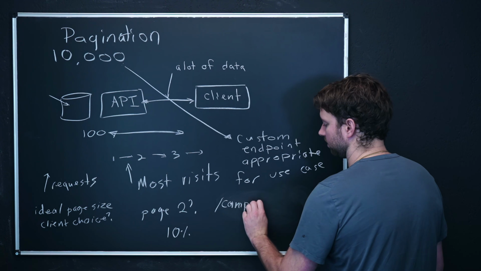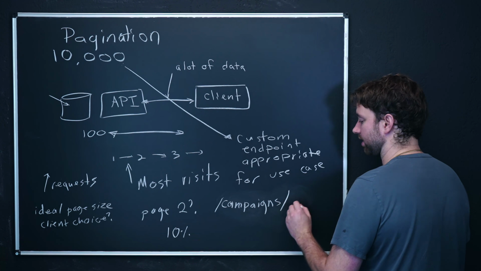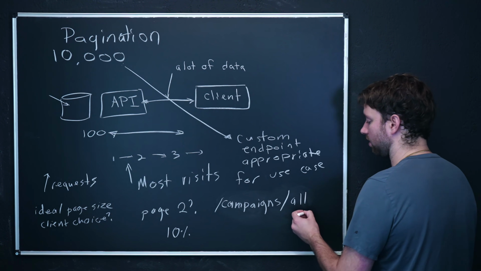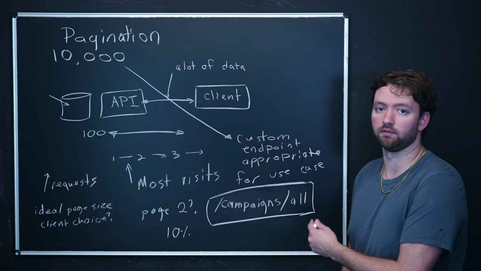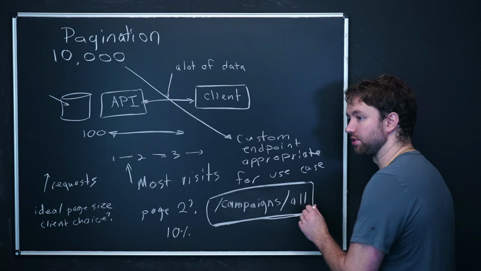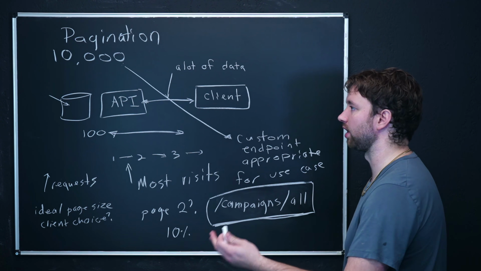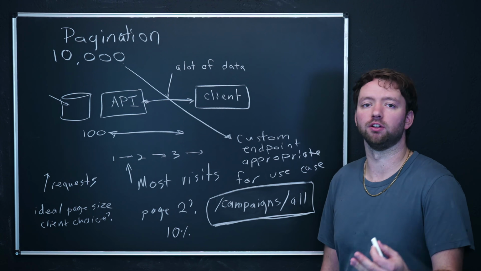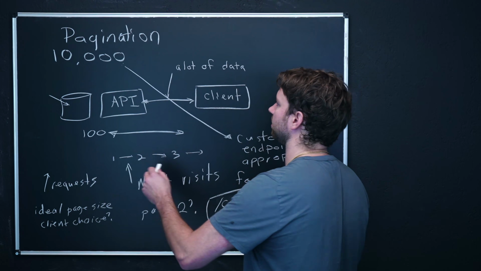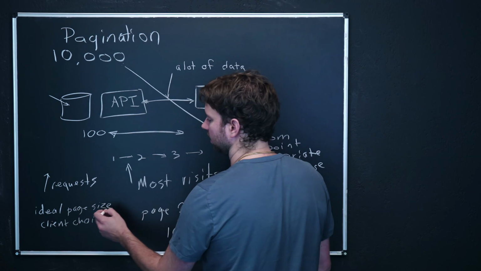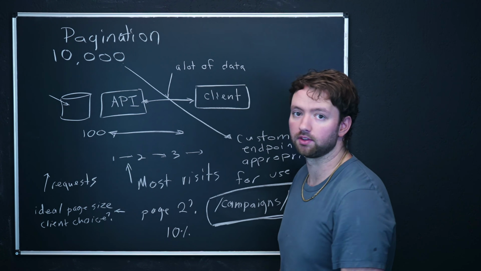I mean, you could think of an example like this where we might have some campaigns or something, and you could page it, or you could just have a custom endpoint like /all if you know you have a web page where you need to display all of those values. That might be okay for some things, but for others, it's just not going to work. I mean, think of like YouTube. They couldn't just grab all of the comments in a single query. So most of the time, we're going to concern ourselves with paging and then the appropriate page size for the client. So we're going to talk about some of those things now.